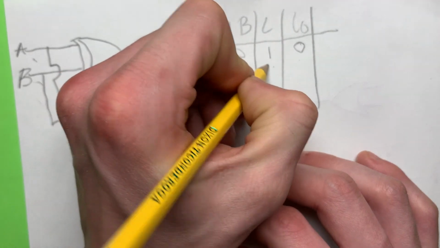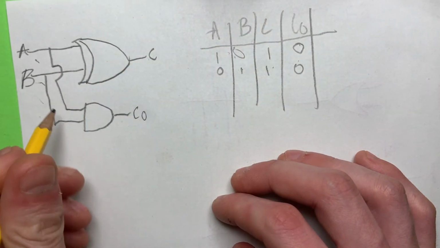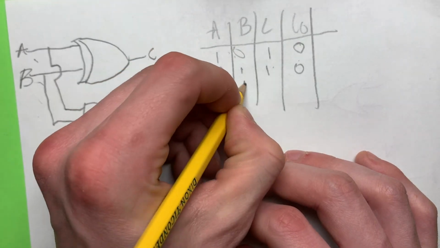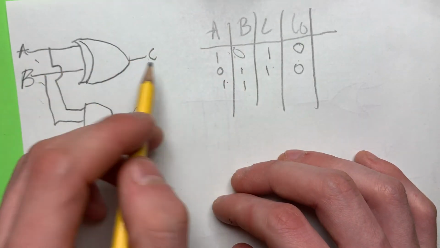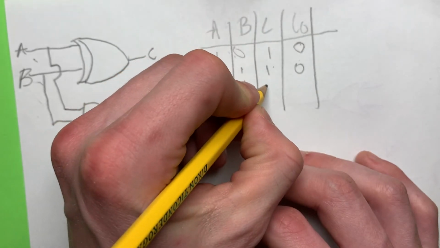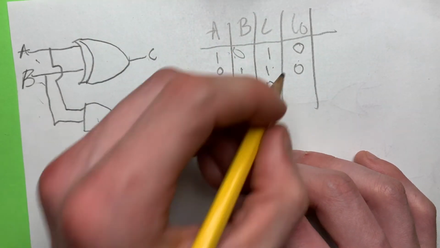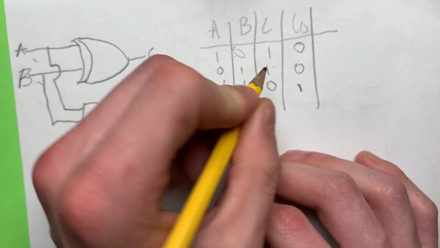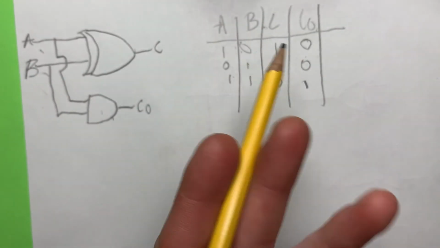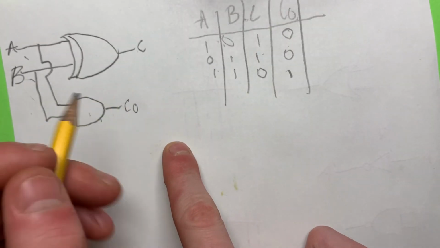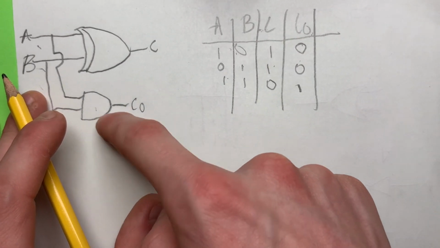We'll have the same output, 1, 0, right? But let's say they're both on, so we have 1 and 1. Well, the exclusive OR gate is not going to be on, but the AND gate will be 1. I should have flipped these around so that it actually makes sense in binary. But what we're displaying here is a carry out number.